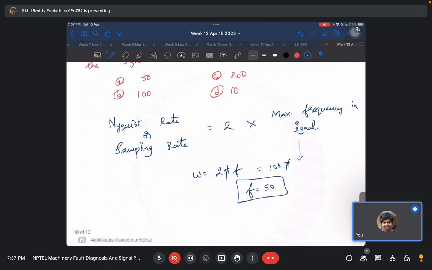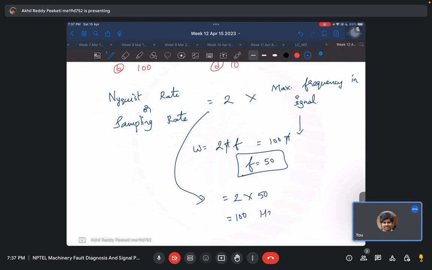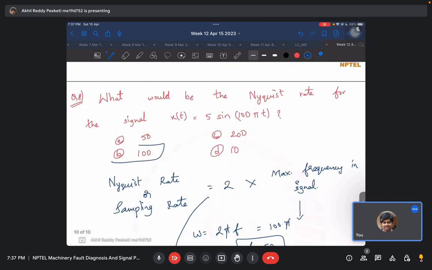So what should be the Nyquist rate? 2 into 50, so 100 hertz. So the Nyquist rate should be 100 hertz.